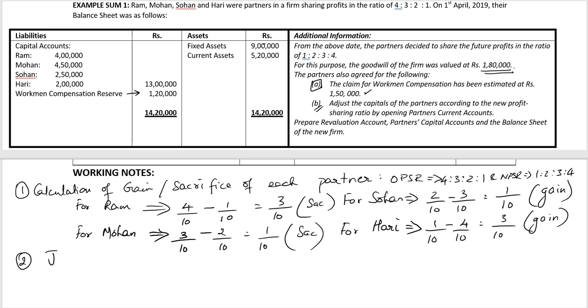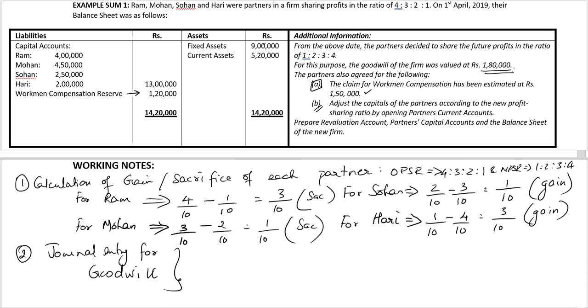Second one, working note, journal entry for goodwill. So we need to debit the gaining partners and credit the sacrificing partners. So let's do that.